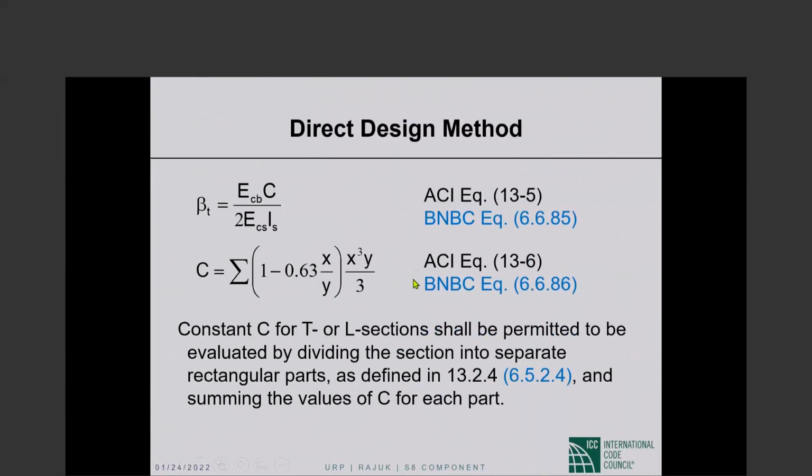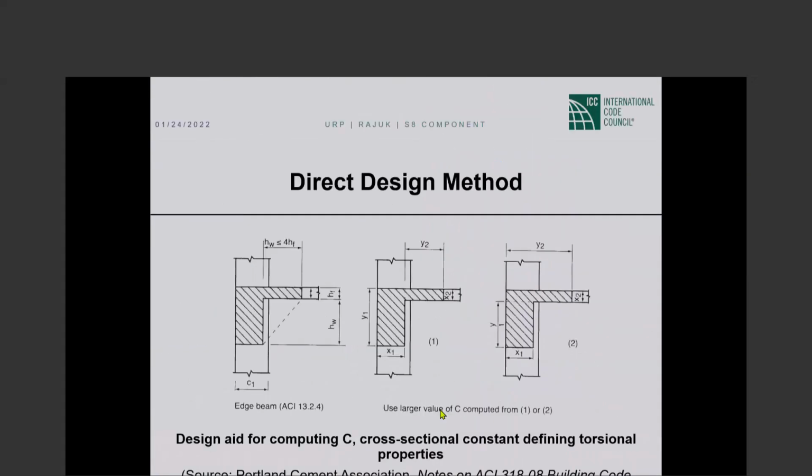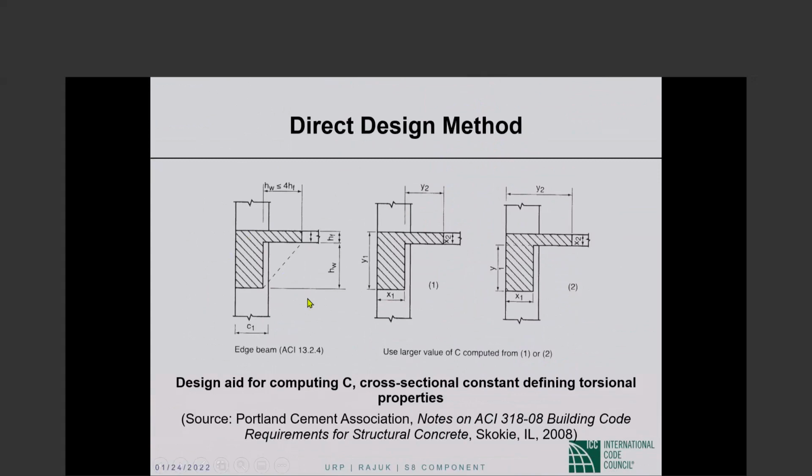Okay, this beta is given by this expression. C is a torsional coefficient, whatever it is called. C is given by this expression. So constant C for T or L beams shall be permitted to be evaluated. To calculate C, you will take your section. This is your beam section.